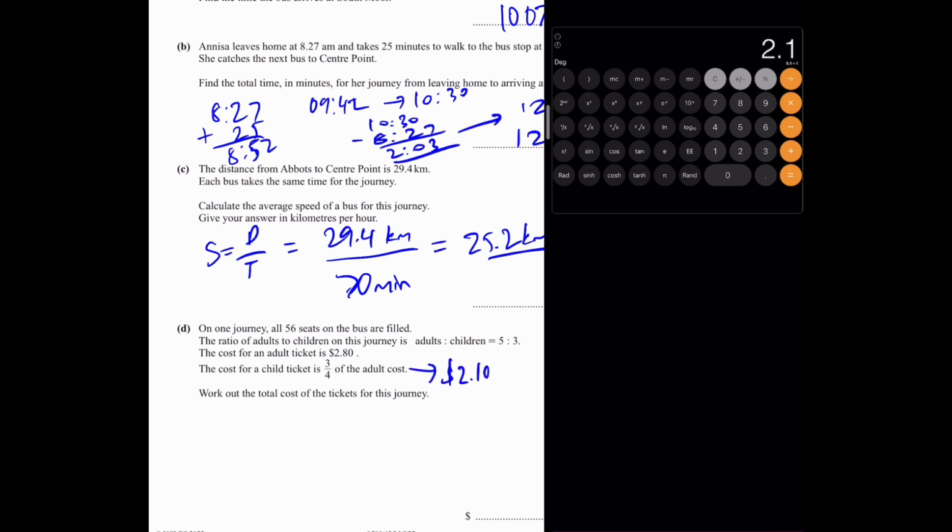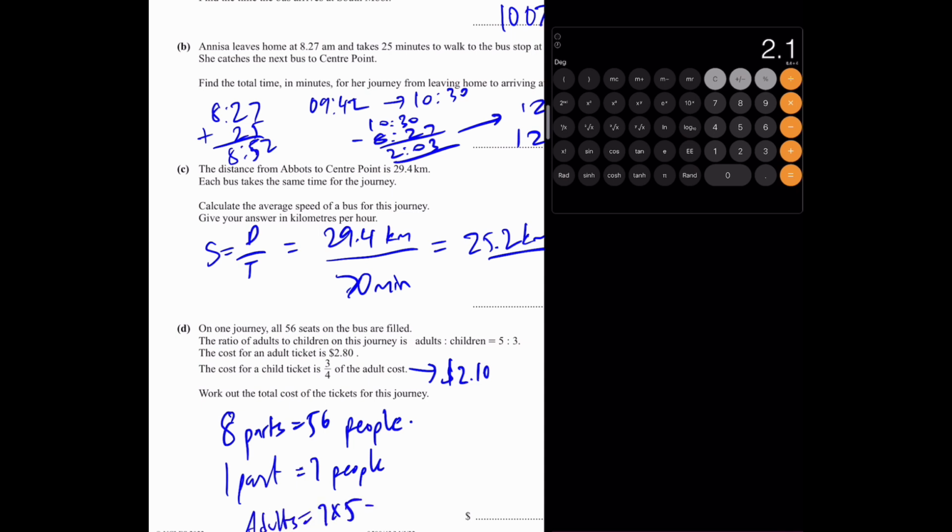And then all 56 seats are filled, and adults to children equals 5:3. So that means there will be 8 parts, which is equal to 56 people, right? So that means 1 part equals 7 people. Adults will be equal to 7 times 5 because 5 parts.